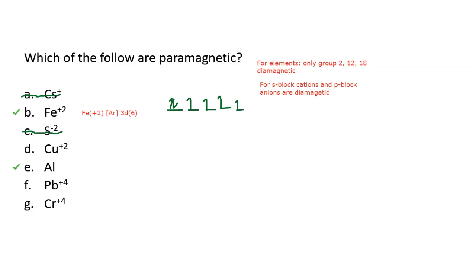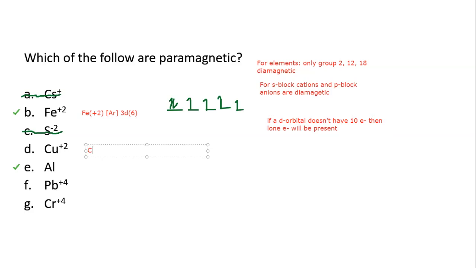Now we go to copper 2 plus. And by the way, if you don't have 10 electrons in a d orbital, then it's going to have lone electrons. So now we look at copper 2 plus, and copper is an exception.